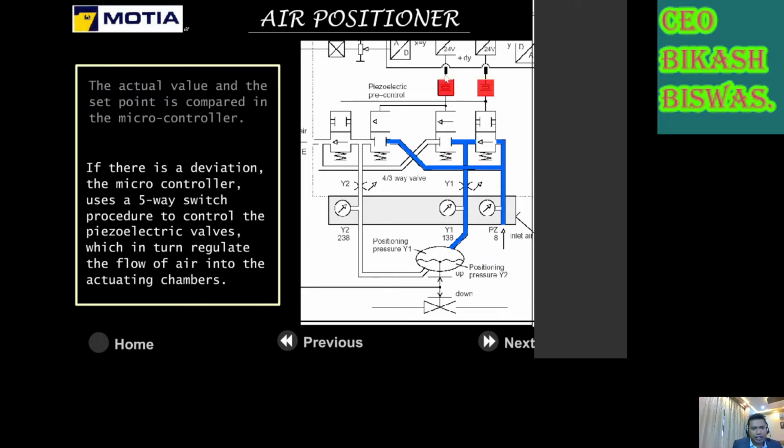In the other way, if this piezoelectric equipment is actuated, it will open this port. In that case, the air pressure would go here, come here and act down below the piston, which will shift the piston in the upward direction. Now you see how the microcontroller, with the help of the piezoelectric control, is controlling the actuator.